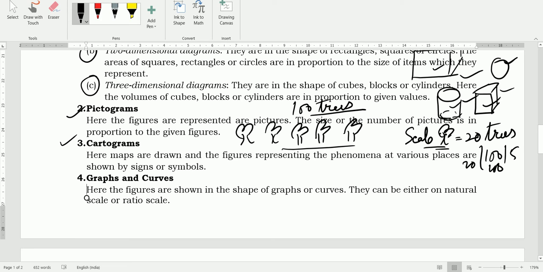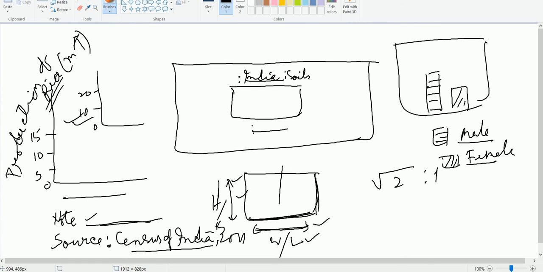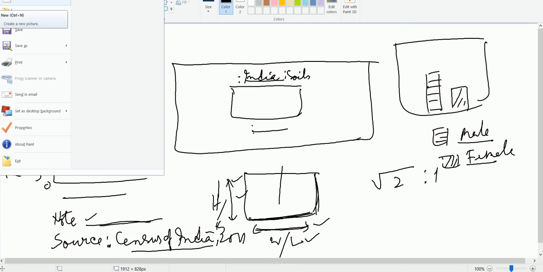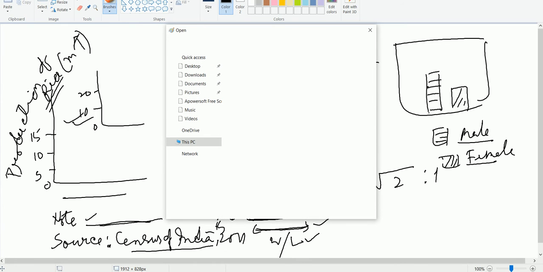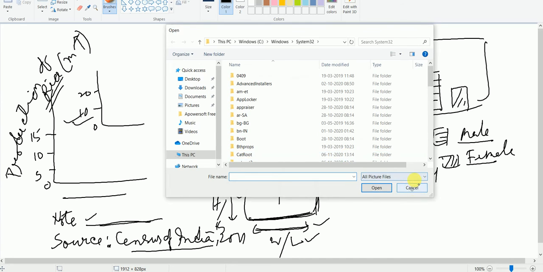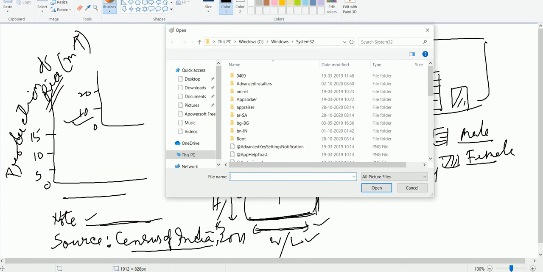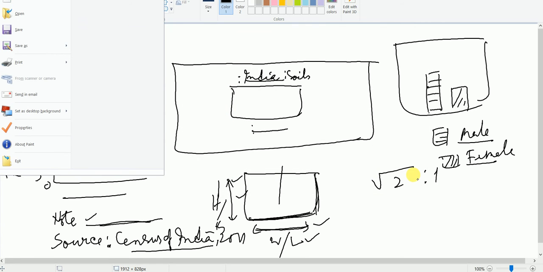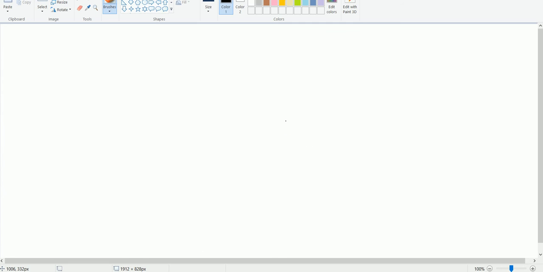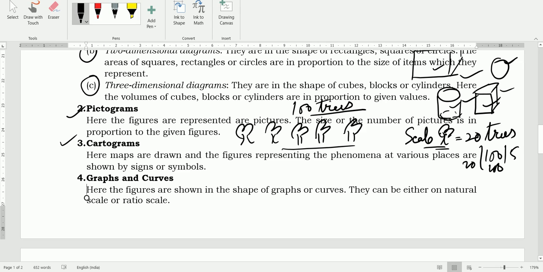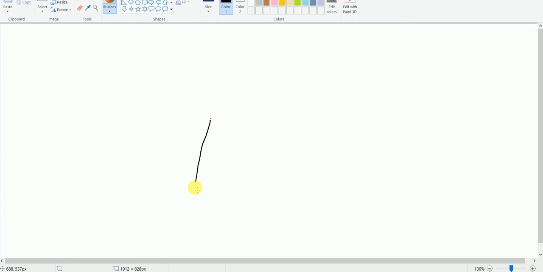For the cartograms, we have to put the diagrams on a base map.